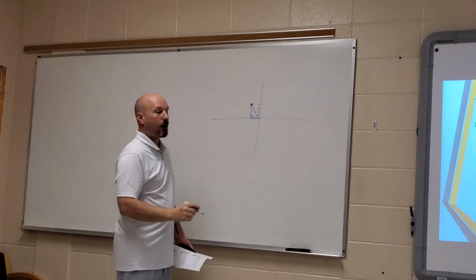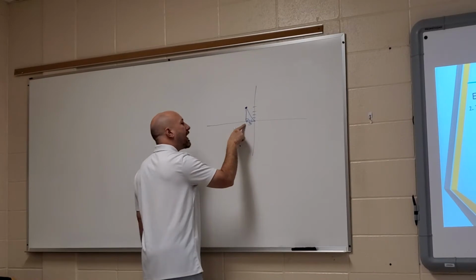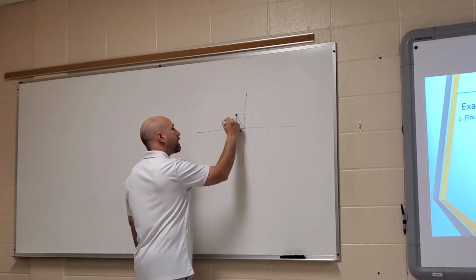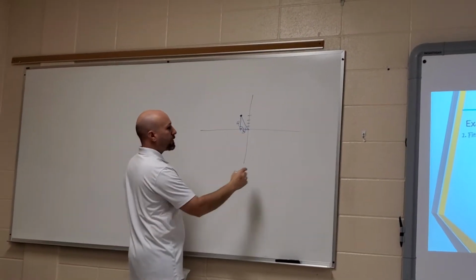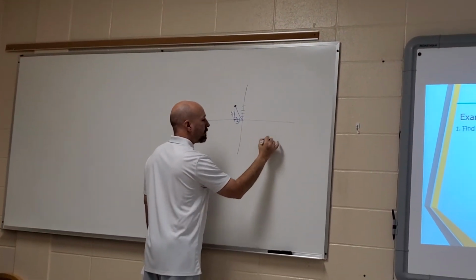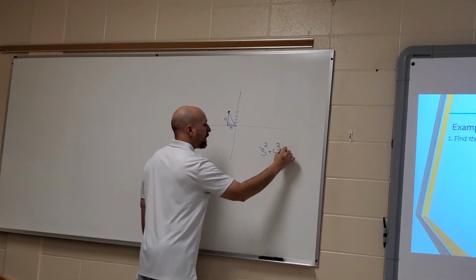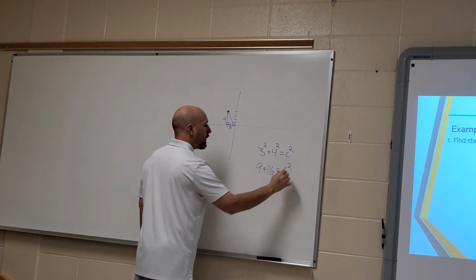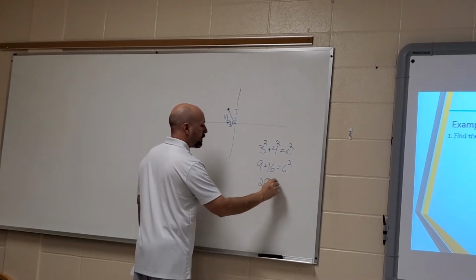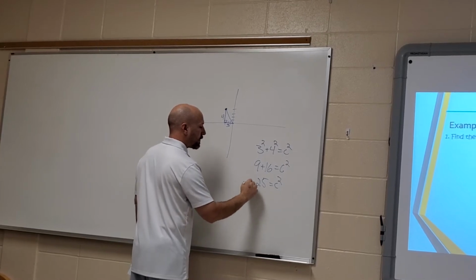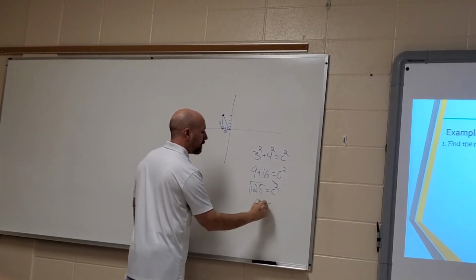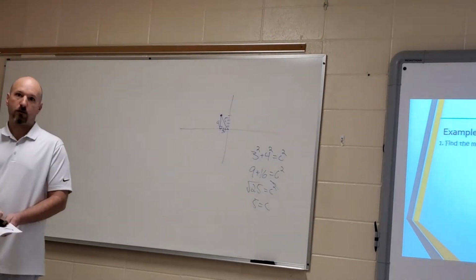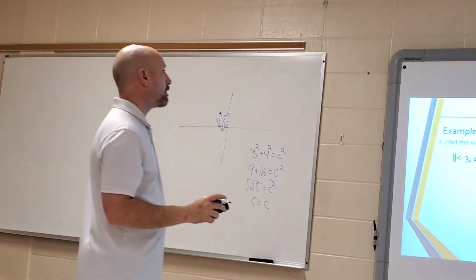This distance is 3. I know it's at negative 3, but the distance is always positive. So that's 3, that's 4, and we can do Pythagoras. 3 squared plus 4 squared equals c squared. 9 plus 16 equals c squared. 25 equals c squared, so taking the square root, 5 is c. So the magnitude is 5.